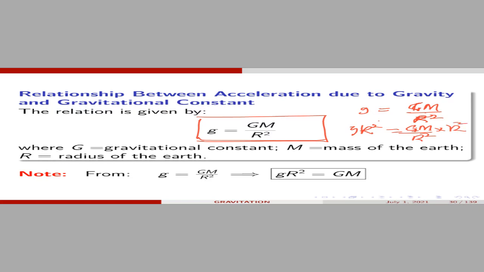The r squares cancel, and you'll be left with this equation. This equation is very important because sometimes when we are performing certain calculations, we can replace GM with g r squared. So note this and never forget this equation. That is the relation. How do we prove this formula? I'm going to prove it for you.